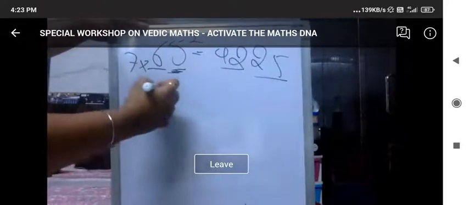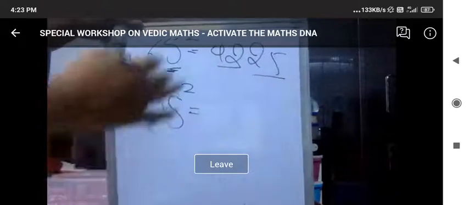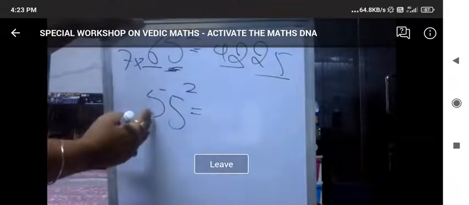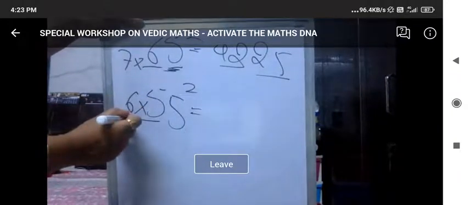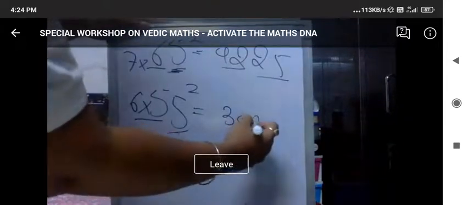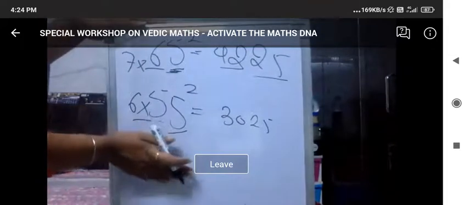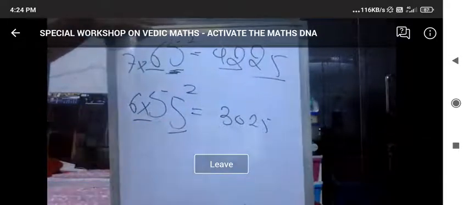Let's go for 55 square. Yes. Now I want you to try answering from the front. That is 5 multiplied by 6 gives you 30. And then 5 square, 25. So 3025. Try answering it orally. This doesn't need board. I'm just writing it for you to see. So you have to do it orally. Yes, absolutely. You can get the answer orally.